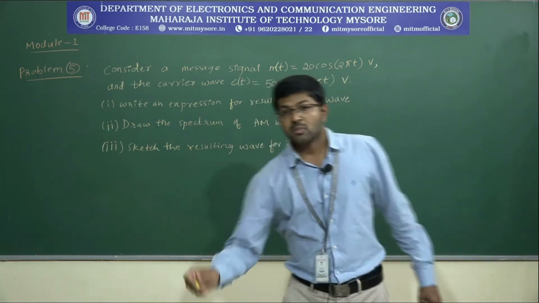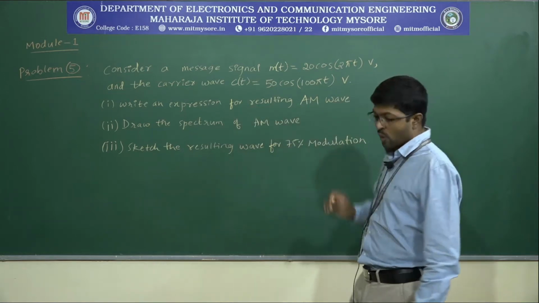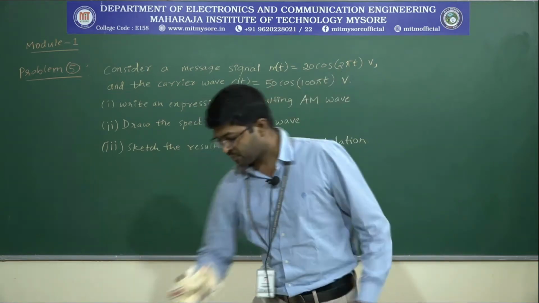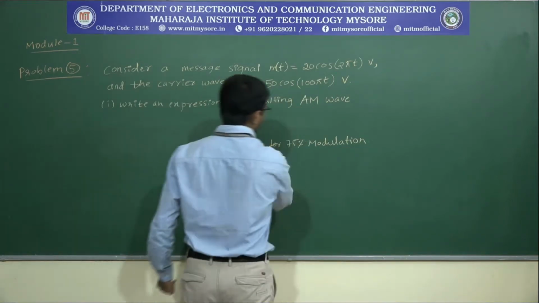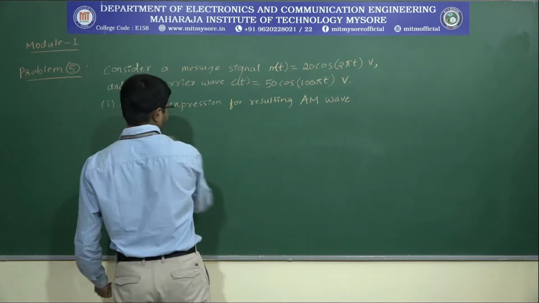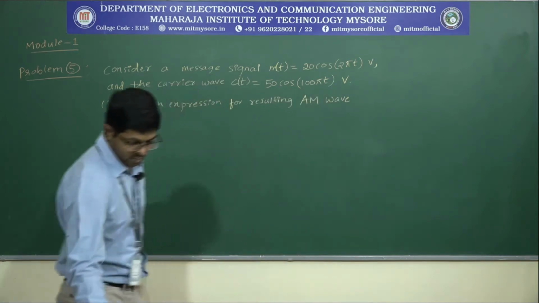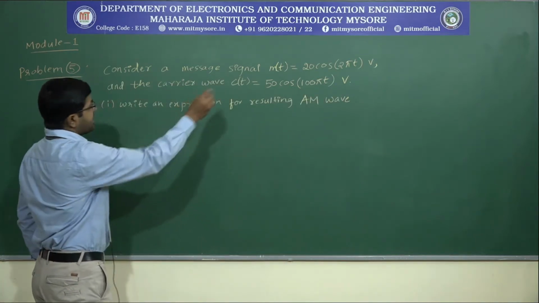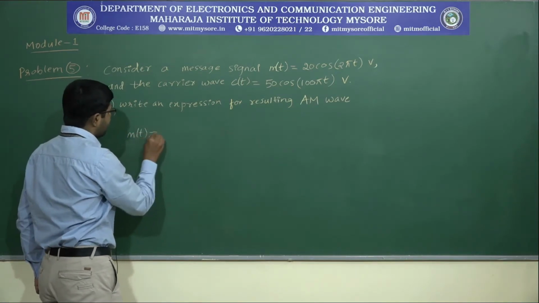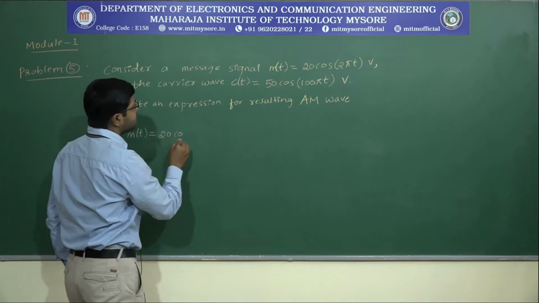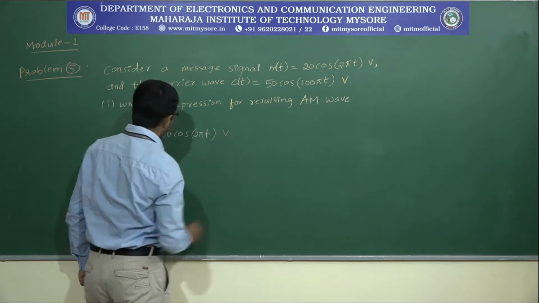So first, let us now try to write the expression for the resulting AM wave. Here you can see the given signal is m of t, m of t is equal to 20 cos 2 pi t volts.